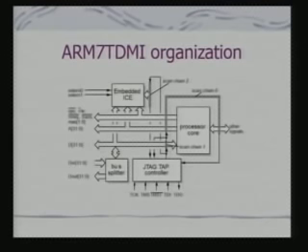Consider a very simplified situation. You are trying to execute an instruction on this processor core. Now, you know the instruction set, so you will be using an assembler, a software development environment. That software development environment will typically run on a PC, okay?